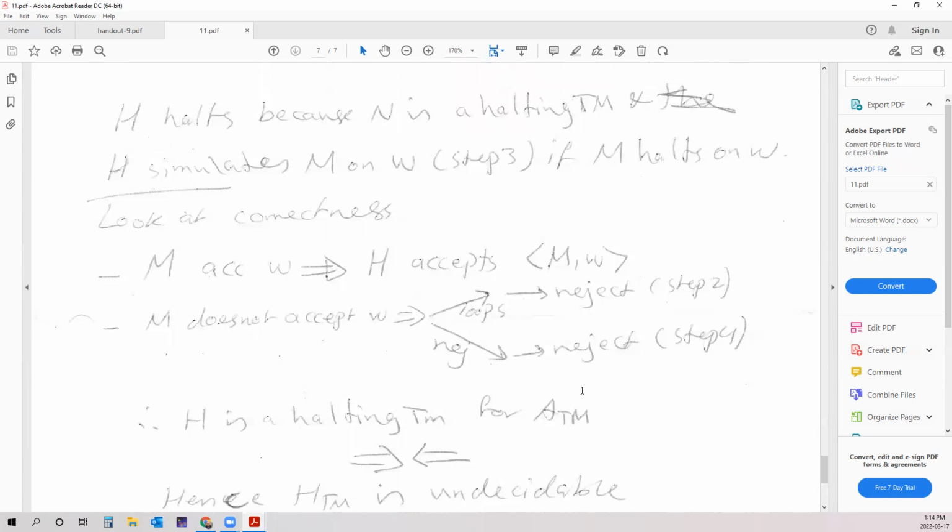I know these proofs are a headache. You can see them in the book also, with more explanation. The main idea that I need you to know is that HTM is Turing recognizable, ATM is Turing recognizable, ATM is not Turing decidable, and HTM is not Turing decidable.